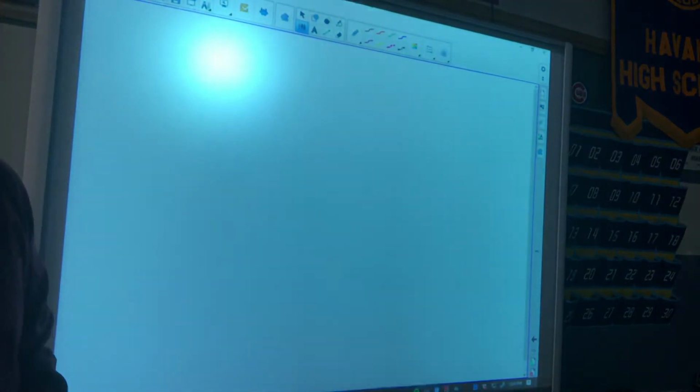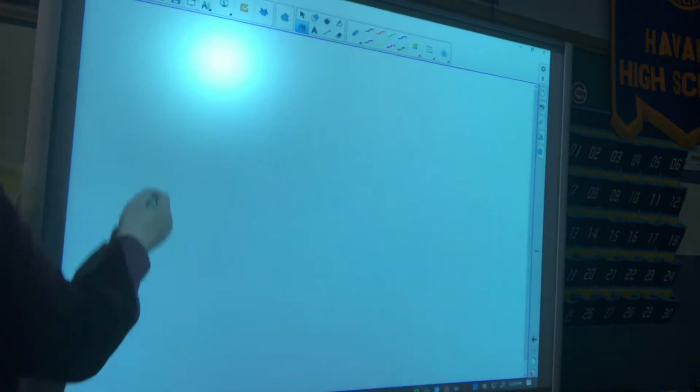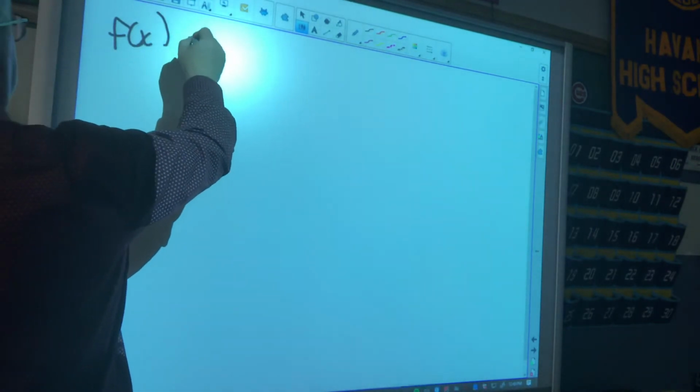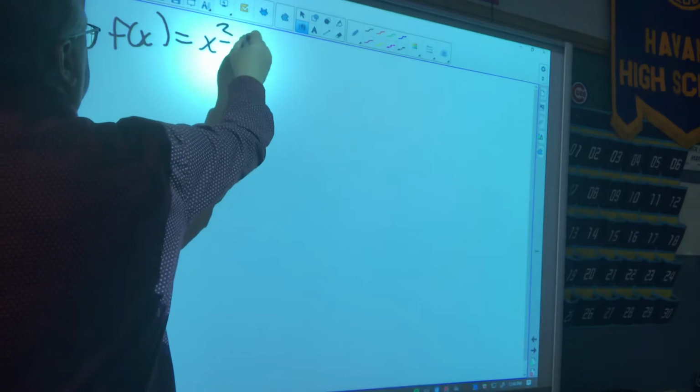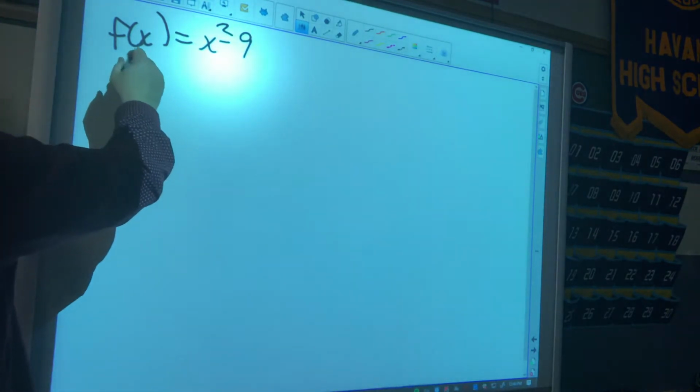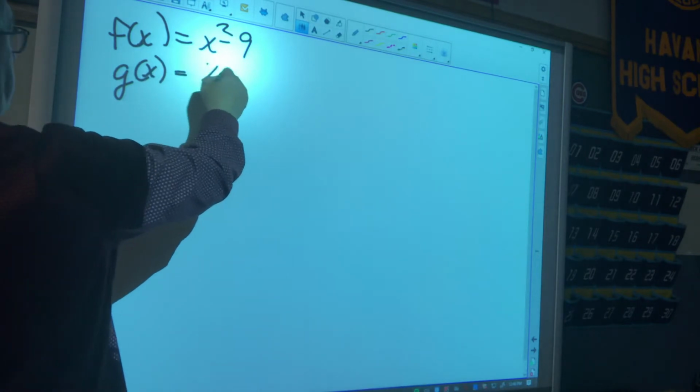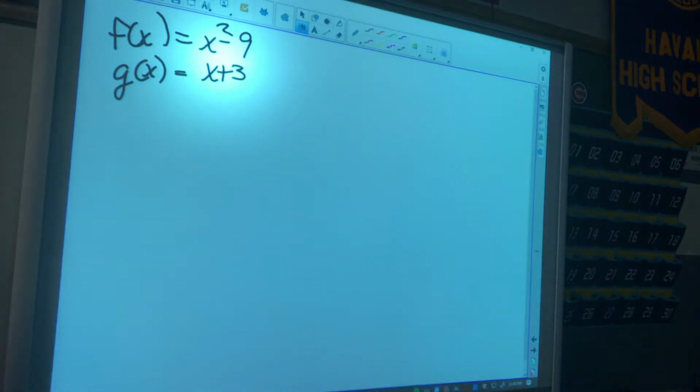Let's look at multiplying and dividing. Let's say f of x is x squared minus 9, and g of x is x plus 3.